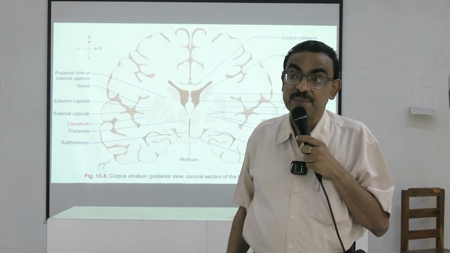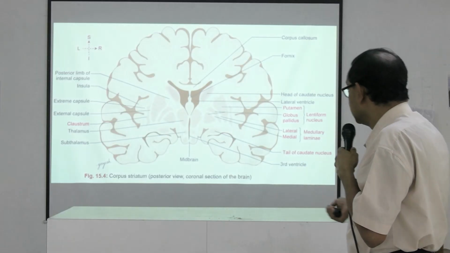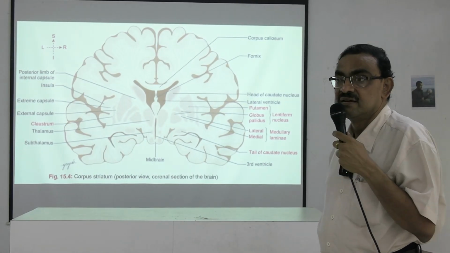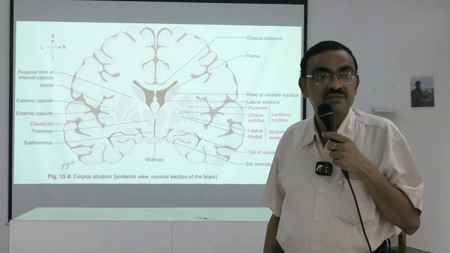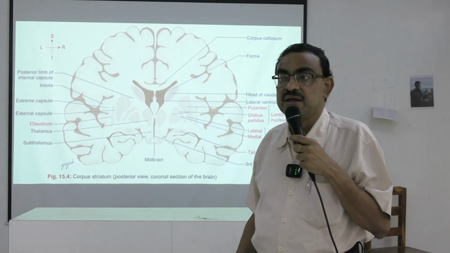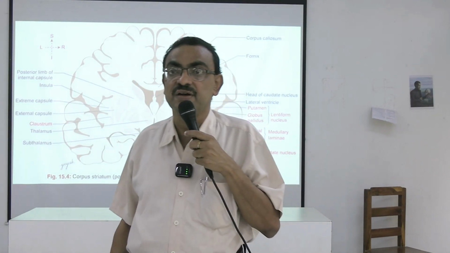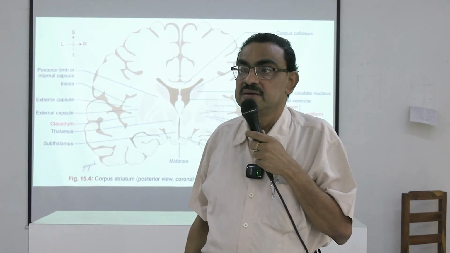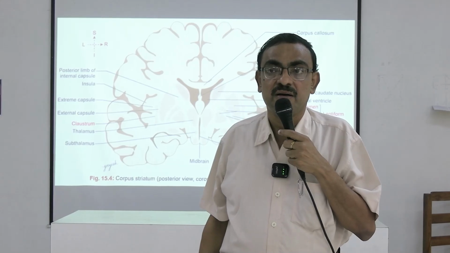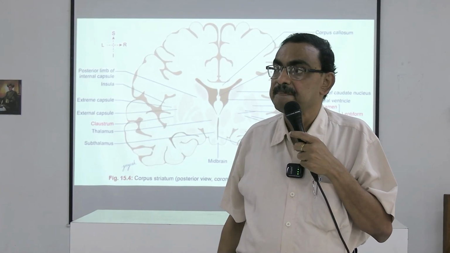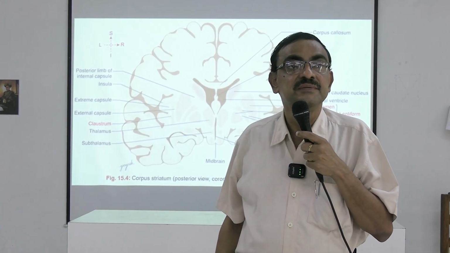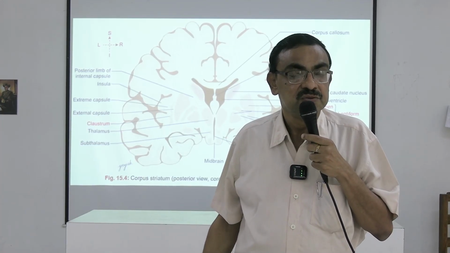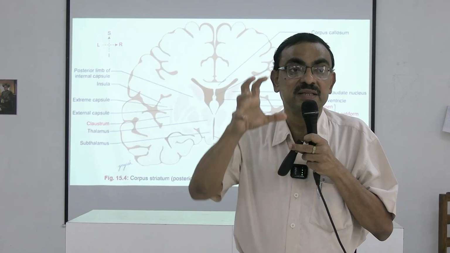So, what will happen if this region is affected? Due to cerebral hemorrhage or cerebral infarction, that means when there is a catastrophe in the vascular system of the brain, what will happen? The basal ganglia will be affected. So what are the features?